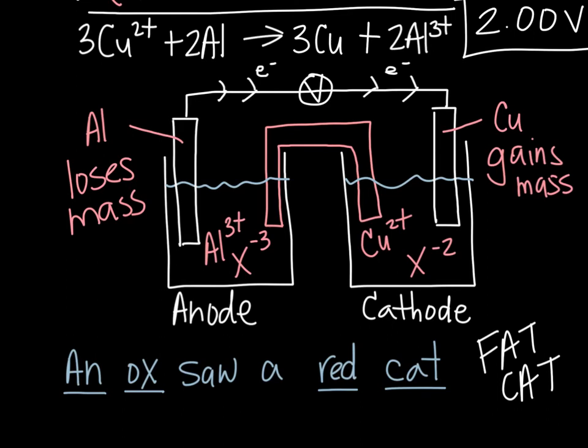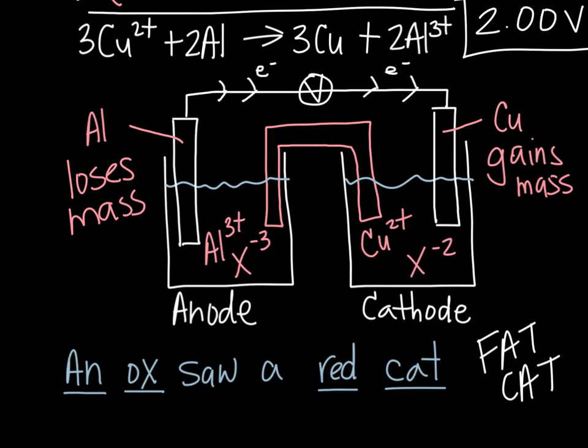Eventually the battery will run out of juice and your battery dies. If you have a rechargeable battery, you plug it in to charge it. You use an outside electrical source to force the electrons back the other way, and then you can reuse the battery again.